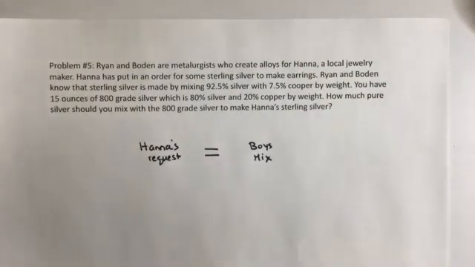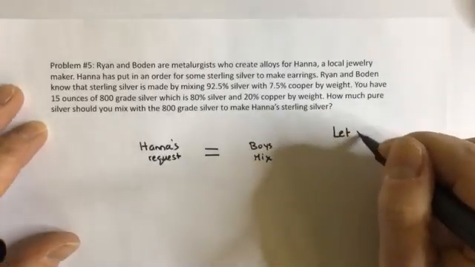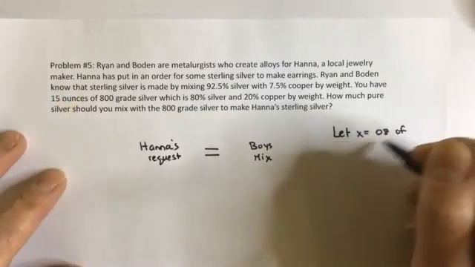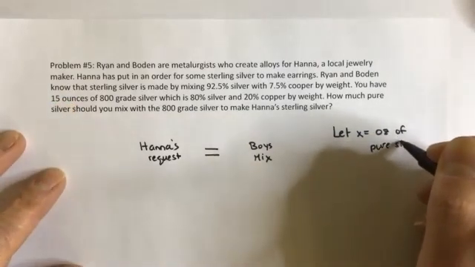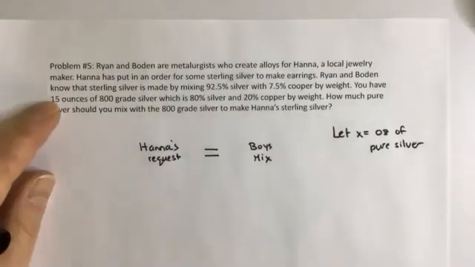So something about what Hannah wants has to equal something that the boys put together. It says how much pure silver. So X is going to be, since I saw ounces in this problem, ounces of pure silver.